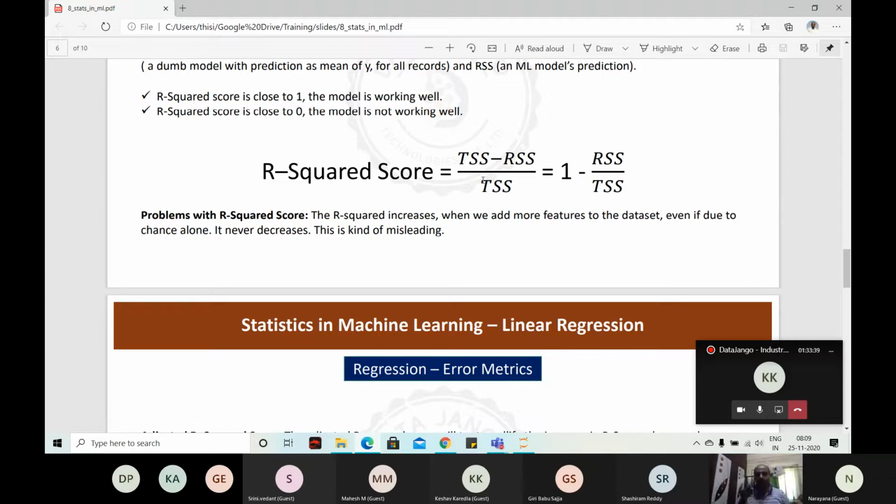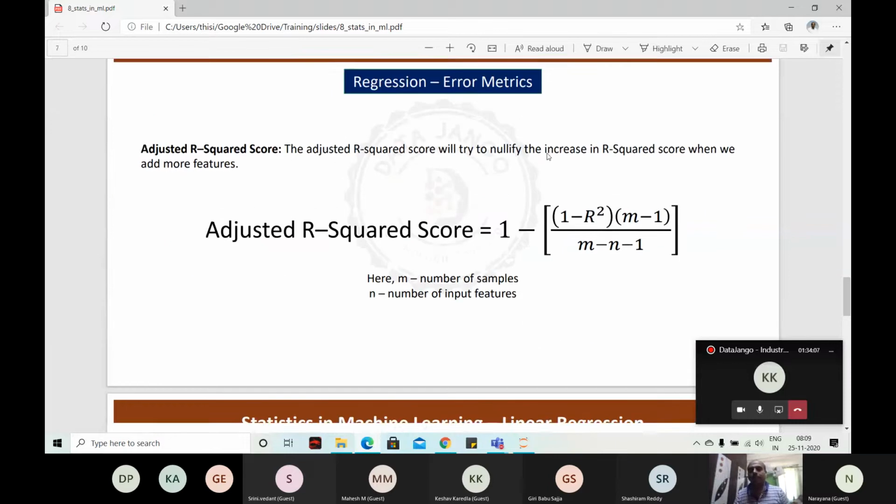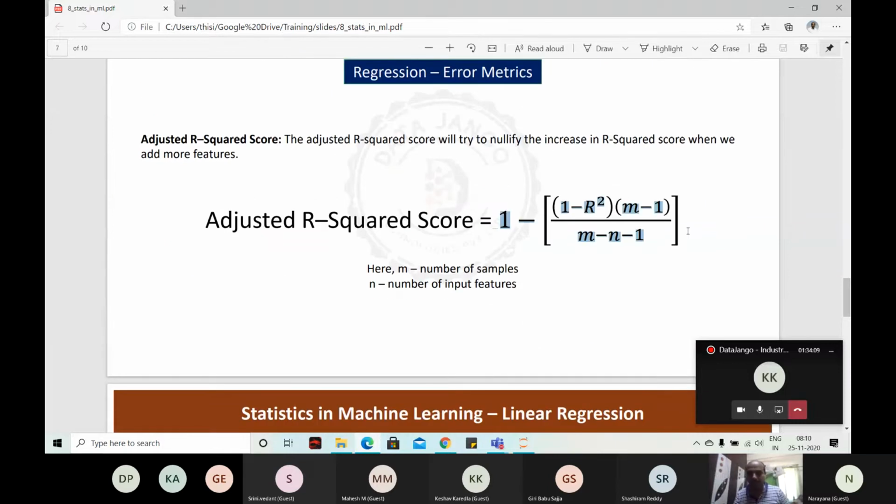So x1 to x10 are there, I built a model, and we got 90% accuracy, which is 0.9. And I added 4 more features like x11, x12, x13, and x14. They are not really important, maybe randomly generated numbers I added to the data set. Even then, the 90 becomes 91%, because that is the disadvantage of R square score. So to avoid that, there is a mathematical manipulation here.